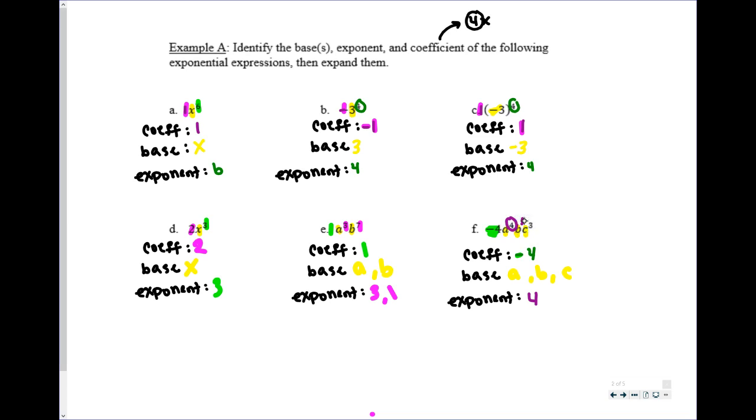That B does have an exponent, it's just you can't see it. You're really multiplying B by itself 1 time. So it's just B. So there's an exponent of 1, and then my other exponent right here is 3. So every base has an exponent. You can't have a base without an exponent, it's just sometimes it's an invisible 1.